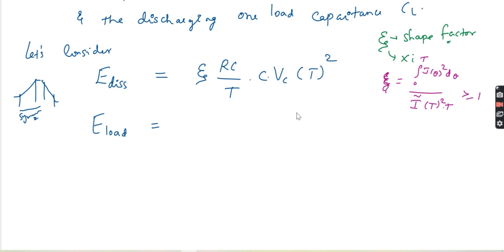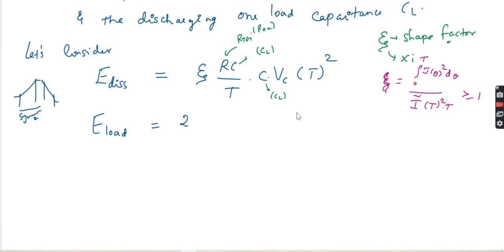RC is this R. This R is nothing but the on resistance, RTG, or I can say R on. This C is nothing but your load capacitance, CL. We have to replace all these things and write the expression here.